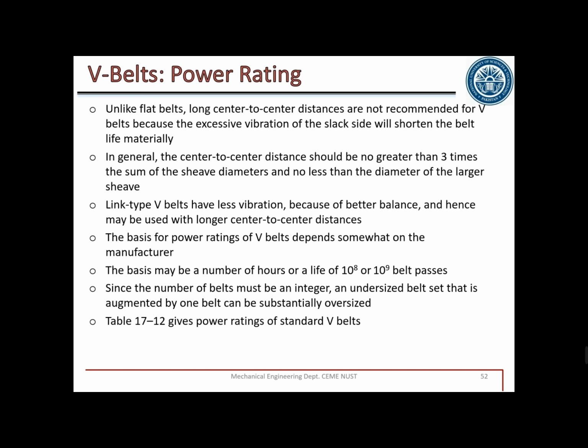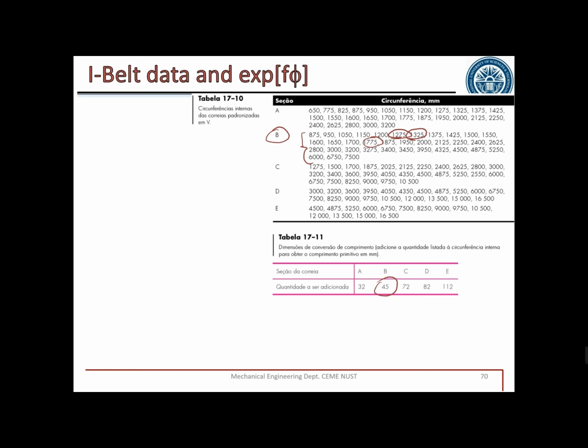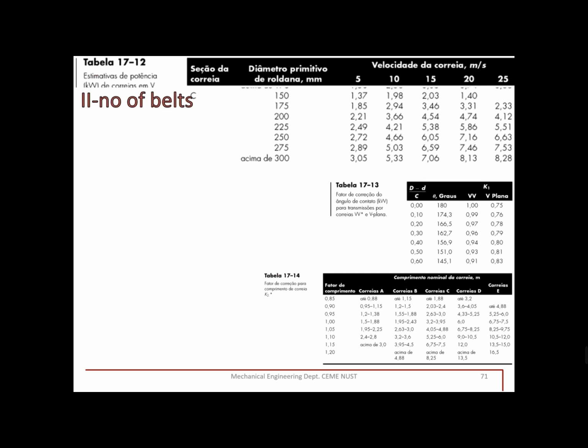Table 17-12 gives a power rating for standard V type belts. For example, this is the 17-12 table for C type belt in the SI edition. For C type, we have a sheave diameter from 170 to 300 mm.